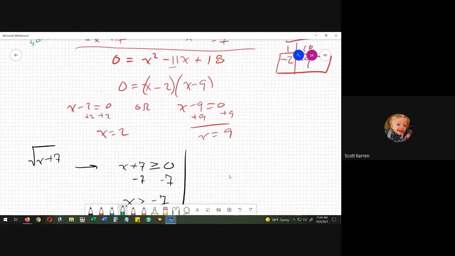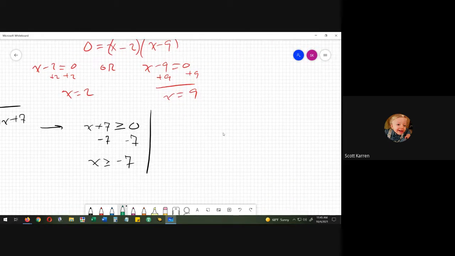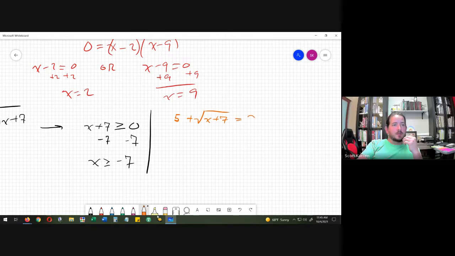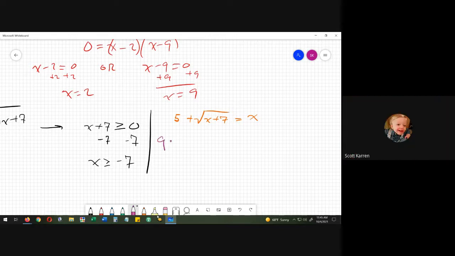So I'll check into the original, which was 5 plus the square root of x plus 7 is equal to x. Let's check 9 first.